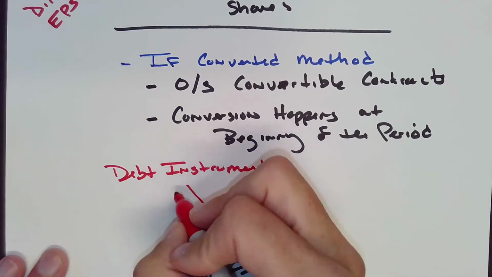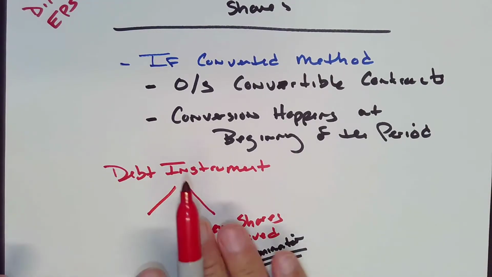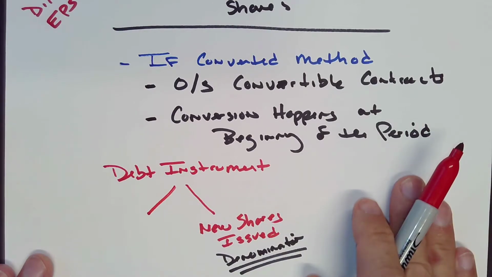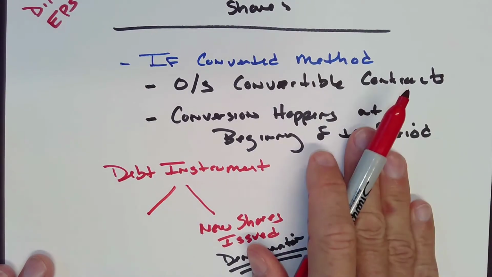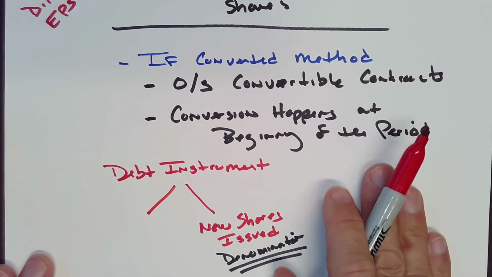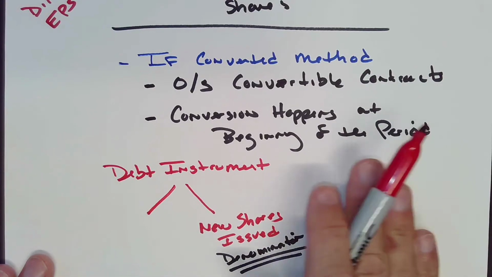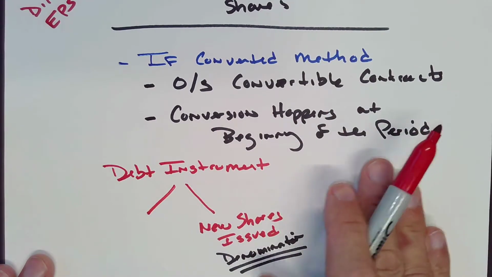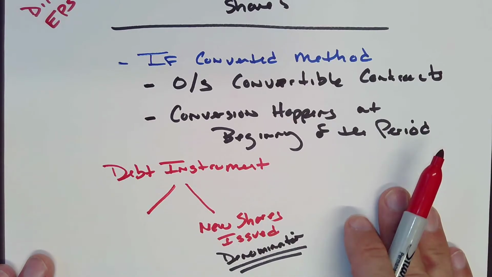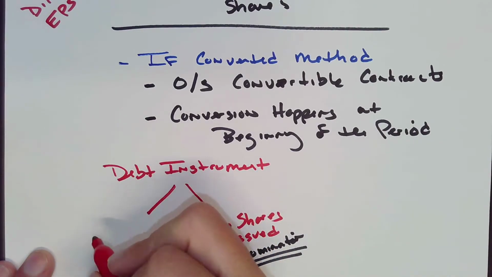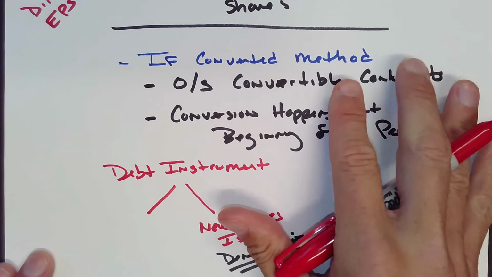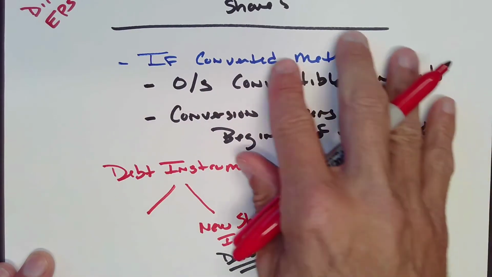What else? Well, if the debt instrument was converted at the beginning of the year, then there was no opportunity to pay interest to the debt holders. So interest expense, it's still on the financial statements, but this is just a calculation.